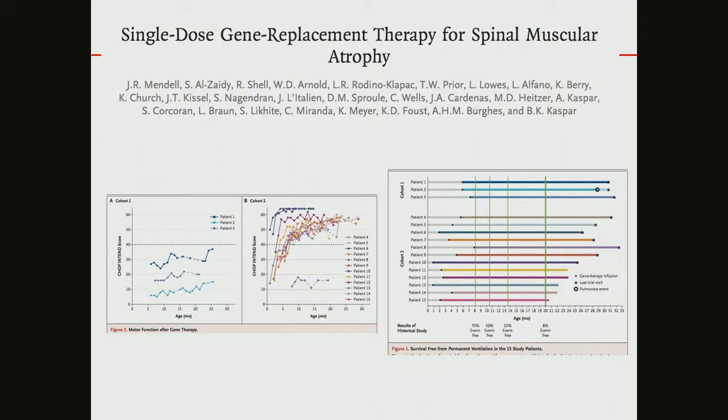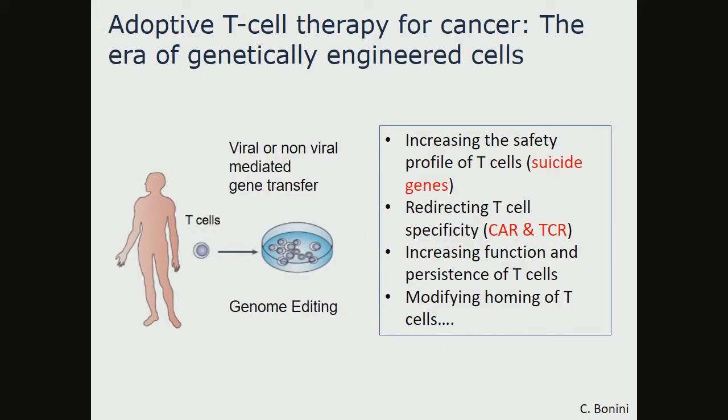Also very impressive results came from the recent publication on spinal muscular atrophy using a viral vector delivering the missing gene. It's a specific subtype which is called AAV9, which probably is going to the brain, although the mechanism is not yet known. And then there is the whole oncology field.